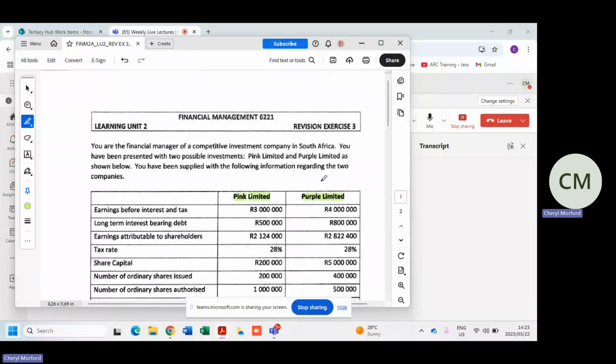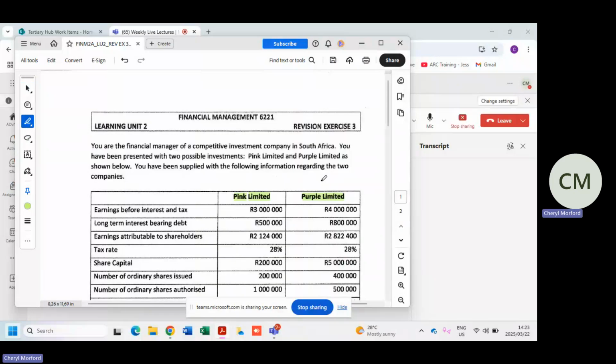So we would need to do calculations and then a comparison and reach a decision. And you would clearly need to state which is the preferred option based on your calculations, and you would need to give supporting evidence. In other words, just a simple explanation.